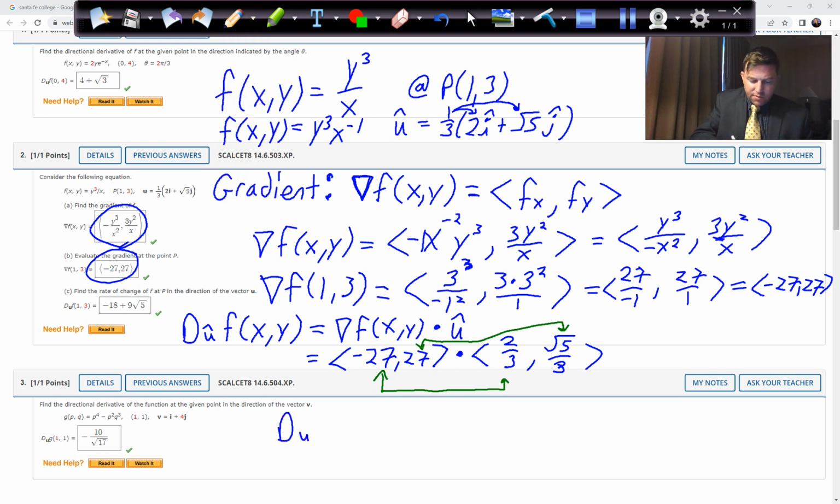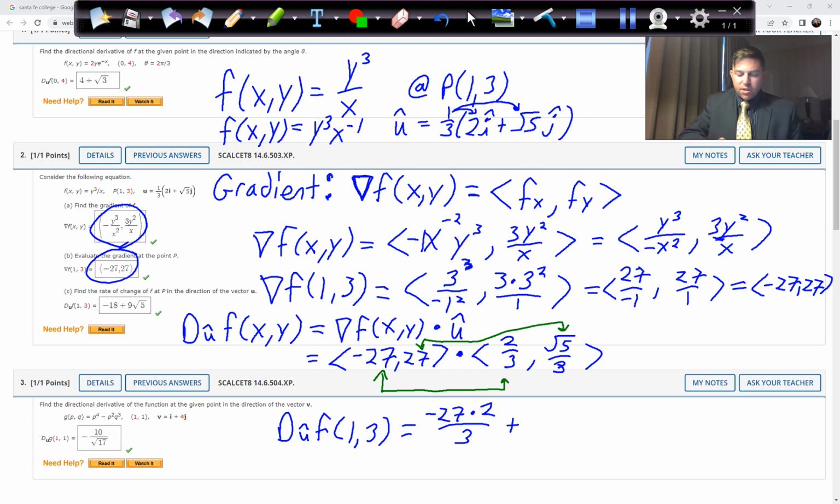So we're going to get the directional derivative of f in the direction of this unit vector at the point 1, 3. So we have to put x and y were 1 and 3. That's how we got these numbers up here. That would equal negative 27 times 2 over 3 plus, remember dot product, you don't have a vector anymore.